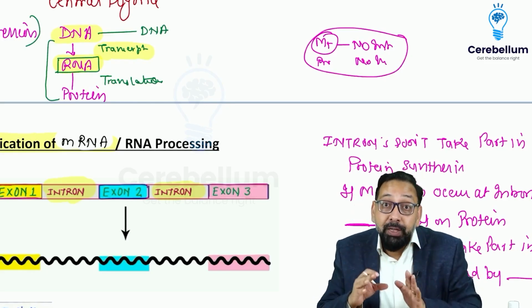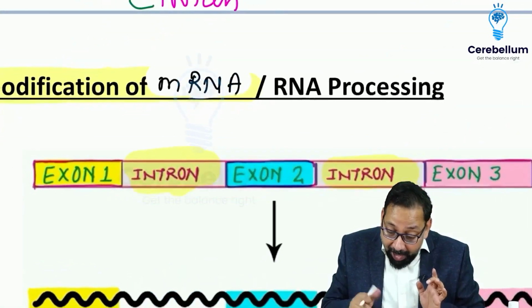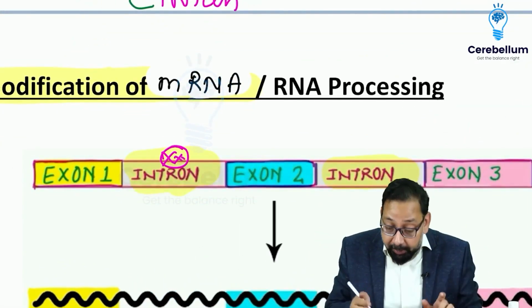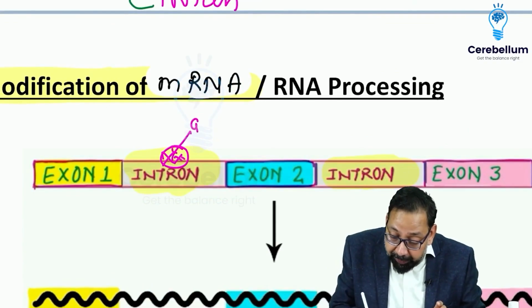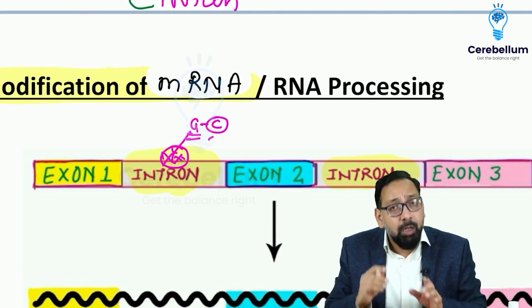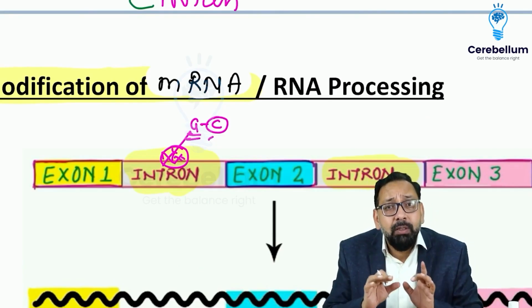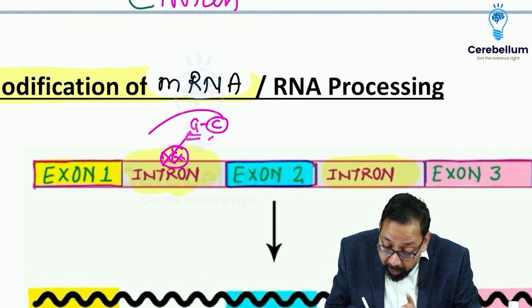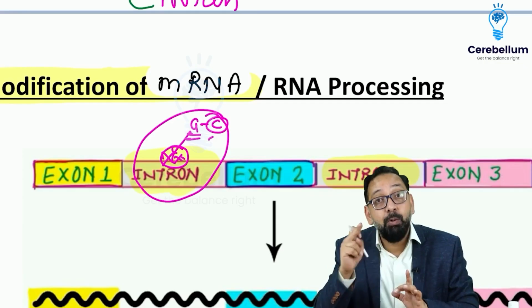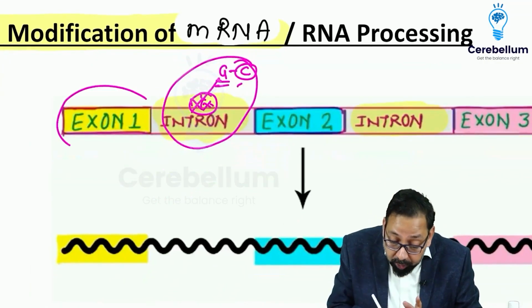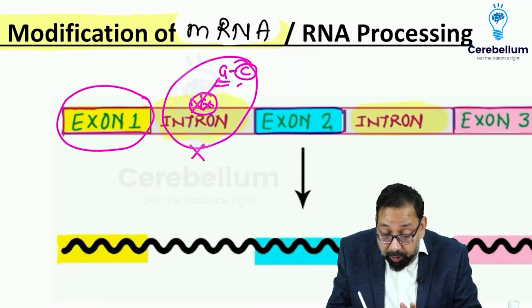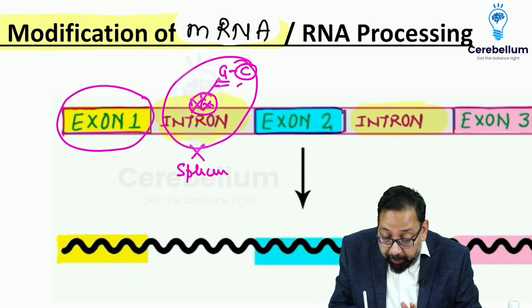So if a question is asked, they will give you an image in which a mutation occurs at this point in an intron, G is replaced by C. What will be the effect on the protein? You know that introns are not going to take part in protein synthesis, only exons are. These introns are removed by splicing.